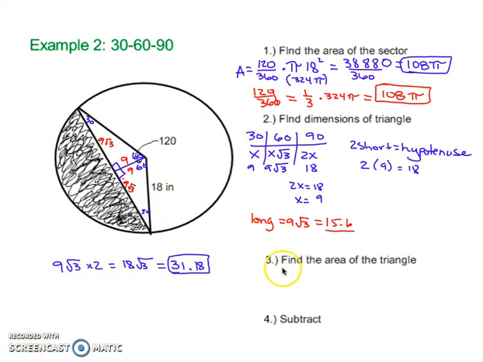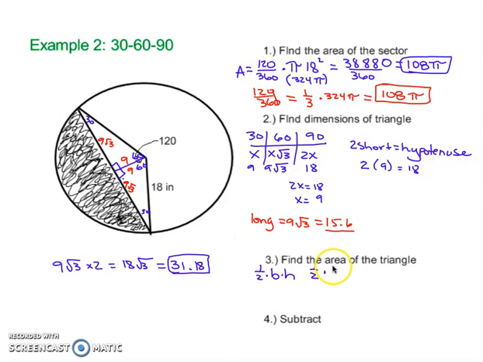Now we want to find the area of our triangle. So we know that's 1/2 times base times height. So in this case, we're going to have 1/2 times. Now in this case, we have 2 because we split it in half. So if each of our long sides for our base is 9 square roots of 3, we have to multiply that by 2, which would give you 18 square roots of 3, or 31.18.